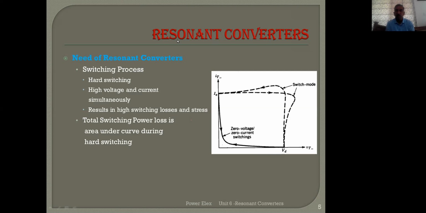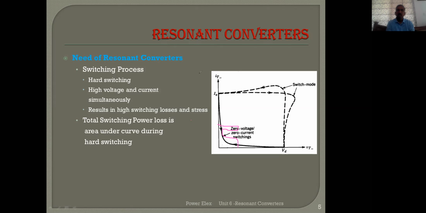Means if I want to check the switching loss in this case, the area under the curve will be typically not this, rather this. The area under the curve will be this.